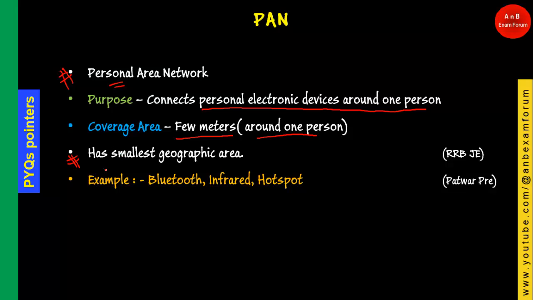For example, and everybody knows, Bluetooth, infrared, hotspot, all these are examples of personal area network. Okay, so if you need to connect your earpods with Bluetooth, it is your personal area network. You are connecting to your devices around your body. Okay, so it becomes a personal area network.